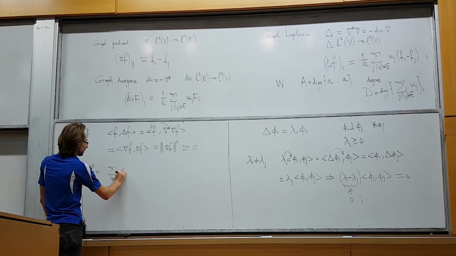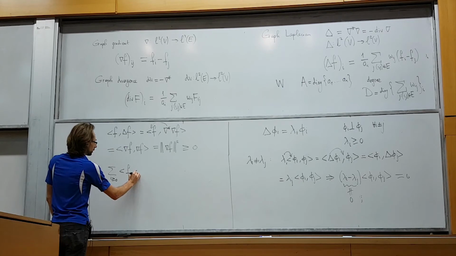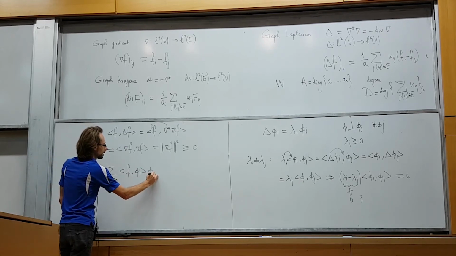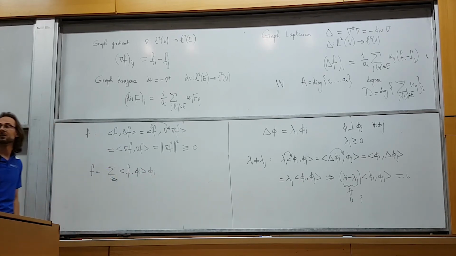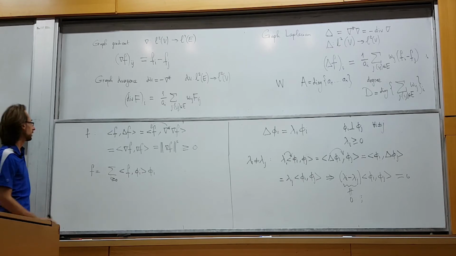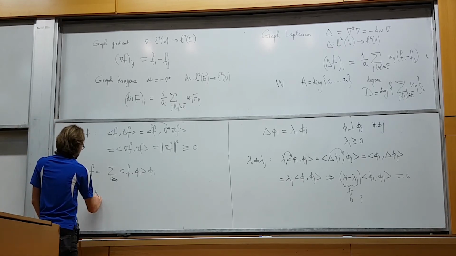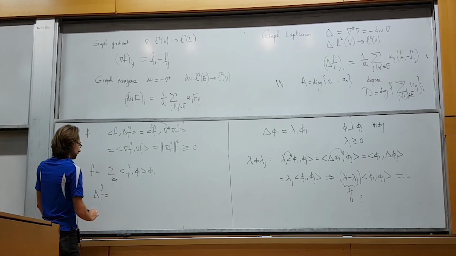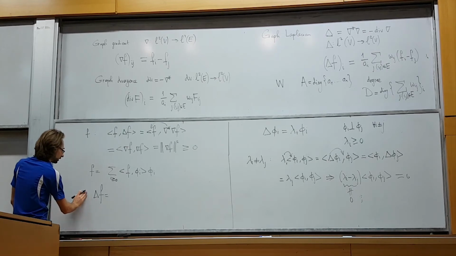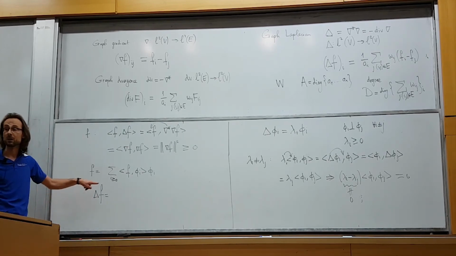I can always write it like this: f inner product with phi I times phi I, right? Now, if I operate with the Laplacian on f and compute an inner product, let me first operate with the Laplacian on f.